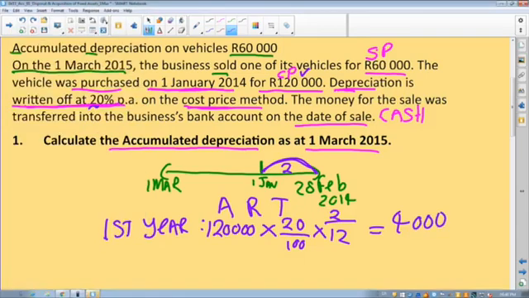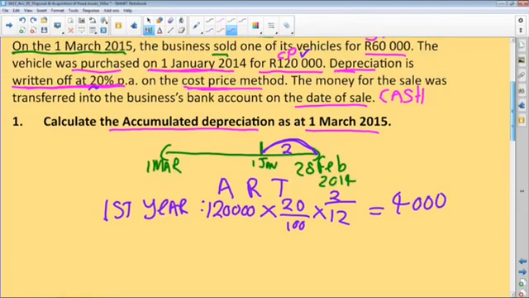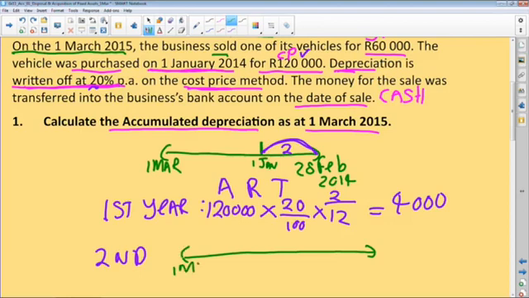Right, let's now look at the second financial year. Remember guys, the second financial year is going to be slightly different, because it starts again on 1st of March, but this time 2014, and ends on the 28th of February 2015.